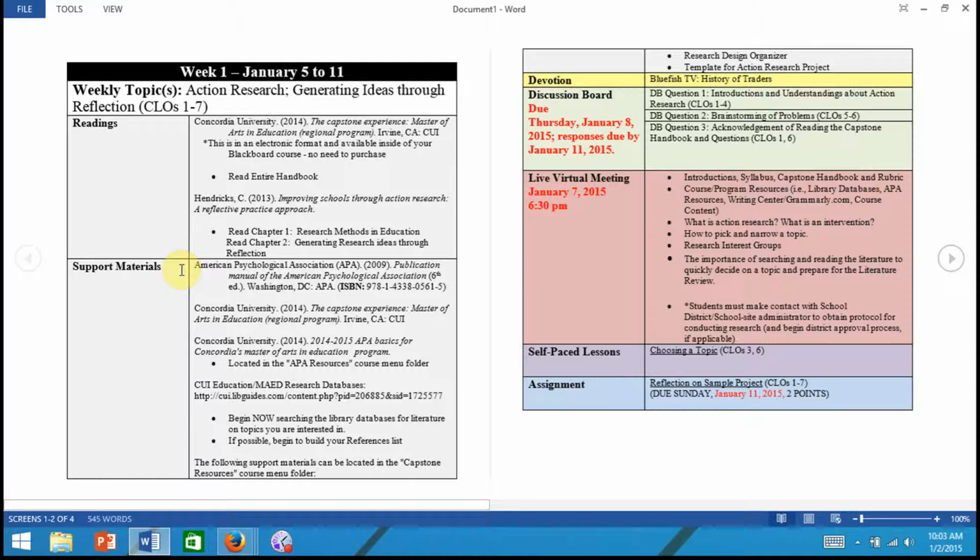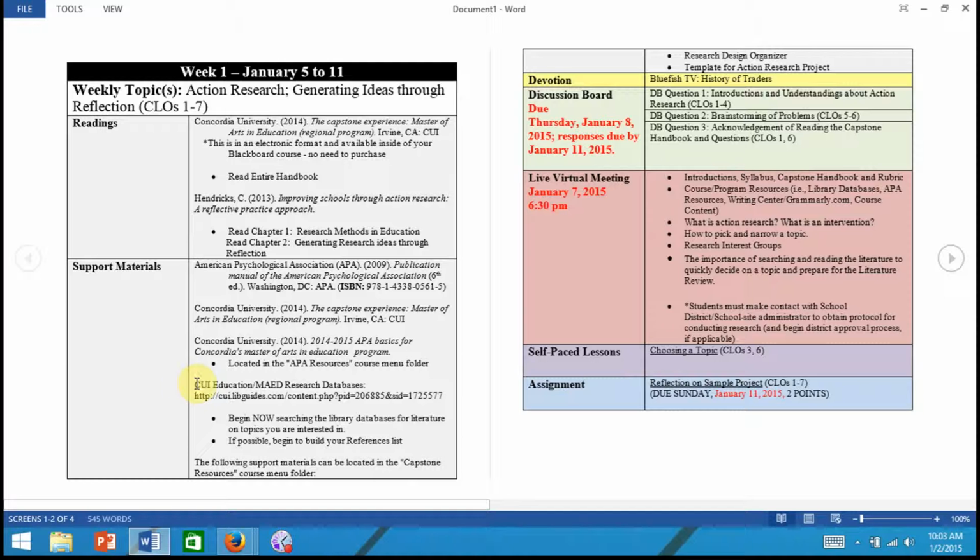In your support materials, please note that the APA manual, American Psychological Association, is required. You may recall in our other class that we had together, the university was going through a transition to APA, and now they have fully transitioned, and that is the book you need for all formatting issues.